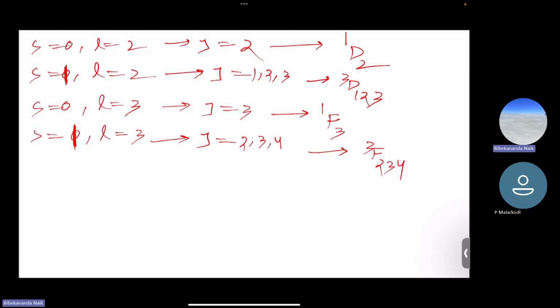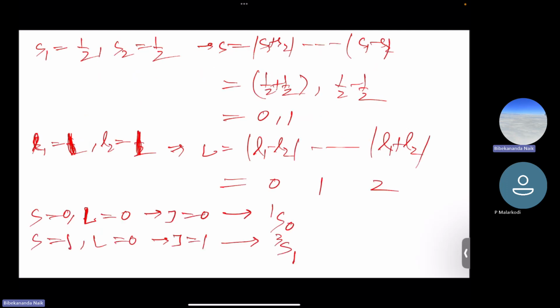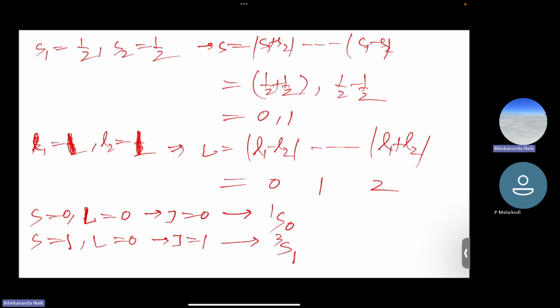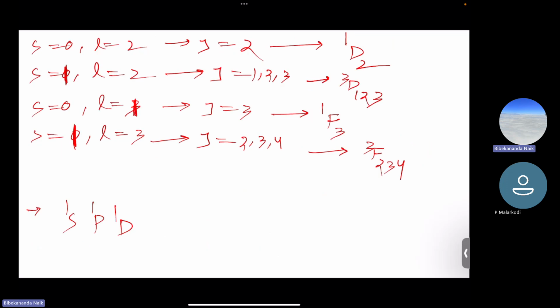So what are the terms we got? We got 1S, 1P, 1D. Sorry, I made a mistake here. For L equals 0 it will be 1, so not L3, it will be 1, because 0, 1, 2.